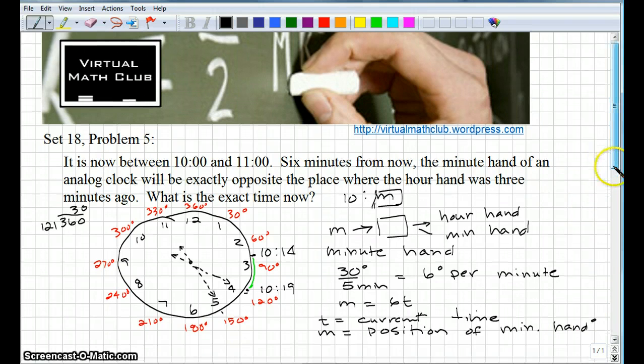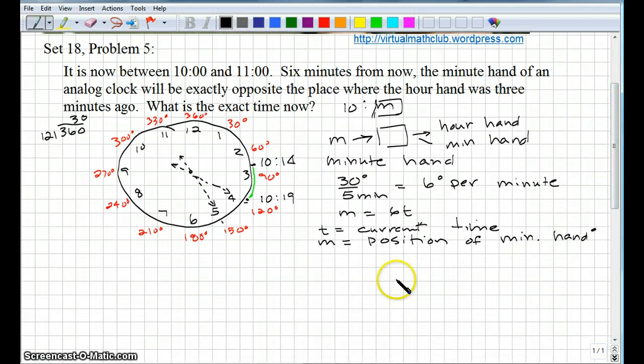So I'm going to need some more room here. All right. So if we plug in whatever the current minute is, because we're ignoring the hour for now since we know it's 10, if we plug in 20 minutes, then we're at 6 times 20, which is 120 degrees, right? So for any given minute, if we use this formula, we can get the position of the minute hand.